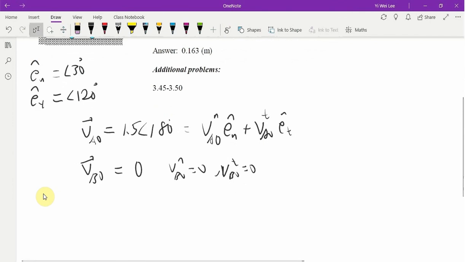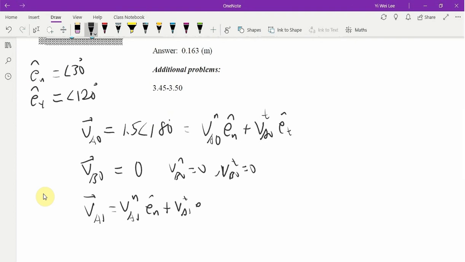After collision, please take note, A can move in any direction. So VA1 is always denoted as VA1n plus VA1t, and there is no exact direction of where it should move.